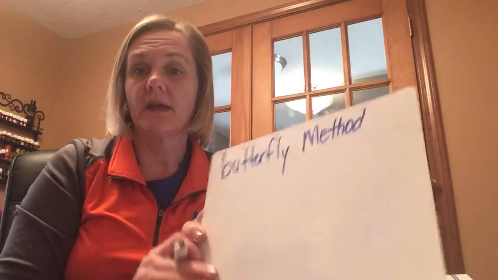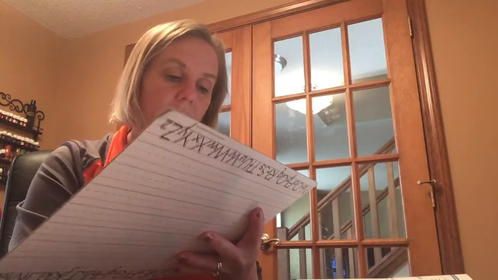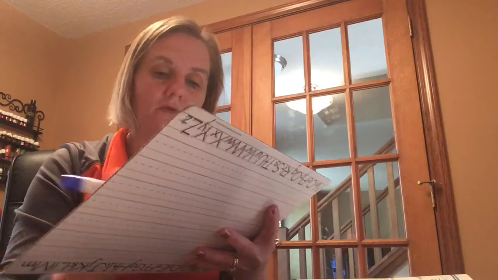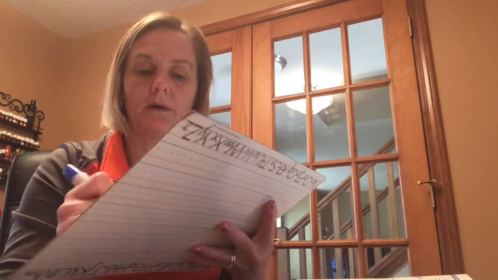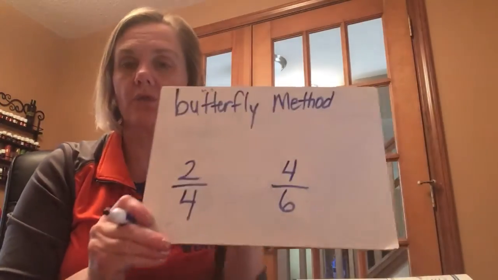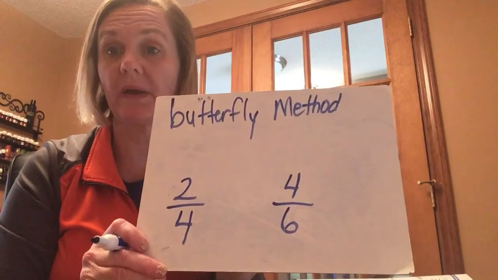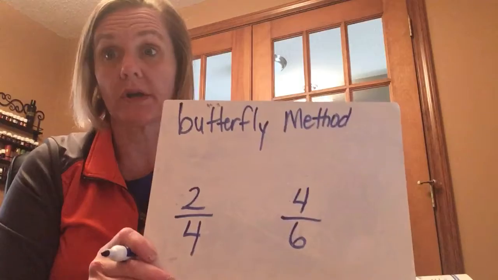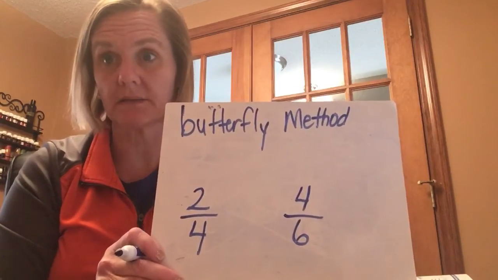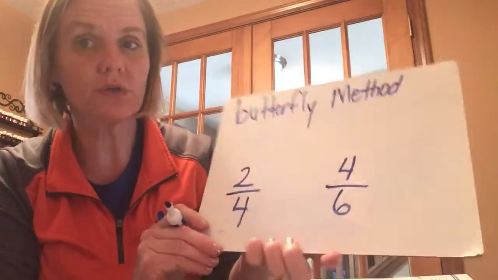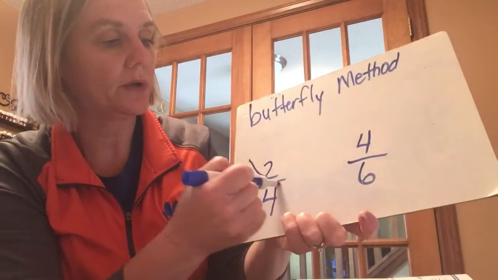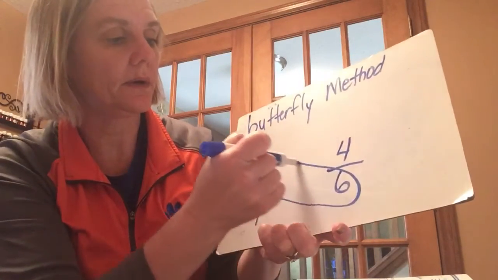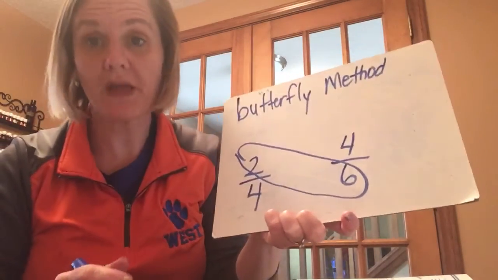Okay, so if I were comparing, let's say, the fraction 2/4 and the fraction 4/6, I want to know which one's bigger. Butterfly means that we're going to give it some wings and some antennas. So what you're going to do is circle that group.